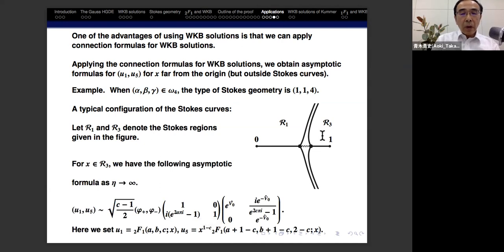For x in R3, we have such an asymptotic formula, of course, as eta tends to infinity. This is obtained by using connection formulas of WKB solutions.